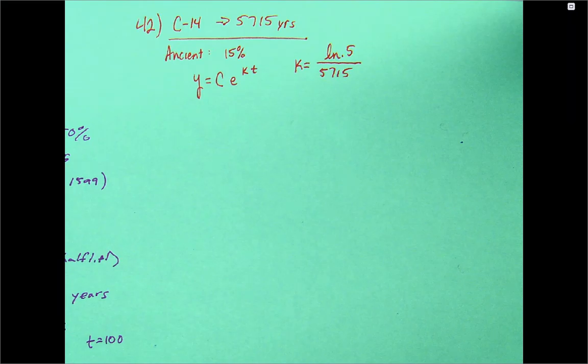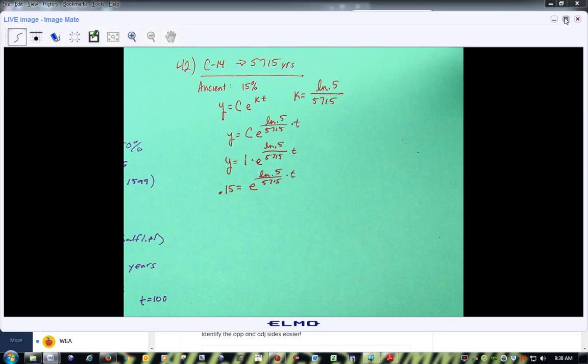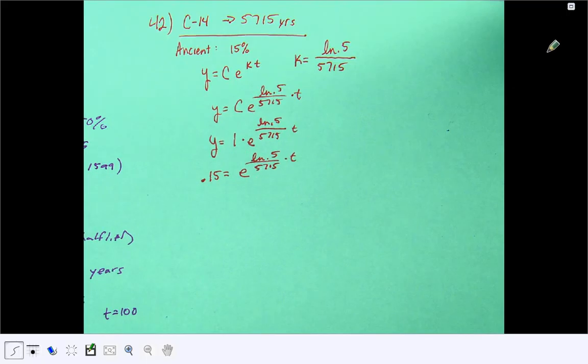And now we want 0.15 is equal to e to the natural log of 0.5 over 5715 times t. And we want to solve this for t. Now, we could take the natural log of both sides.